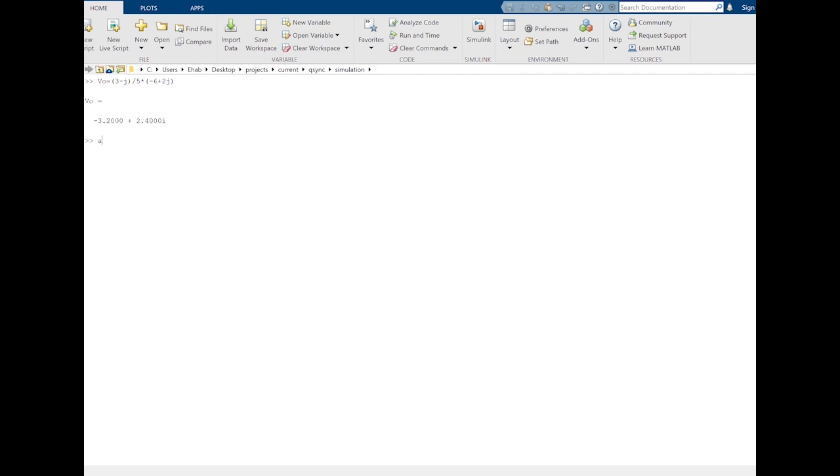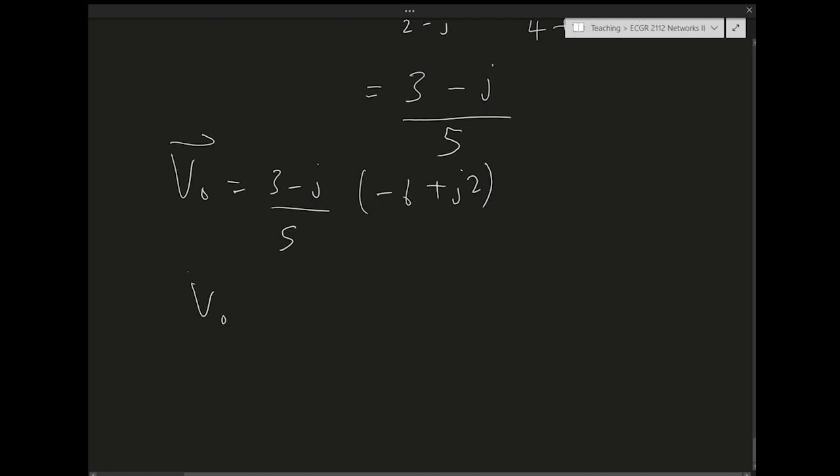The absolute value of VO is going to be 4, exactly what I expected. And then the angle of VO in degrees is, as I expected, 143.13 degrees. Writing that down, VO is equal to 4 at 143.13 degrees, the exact same result.